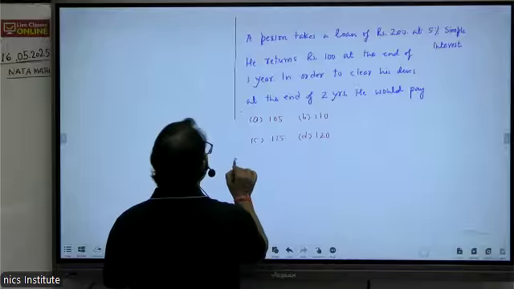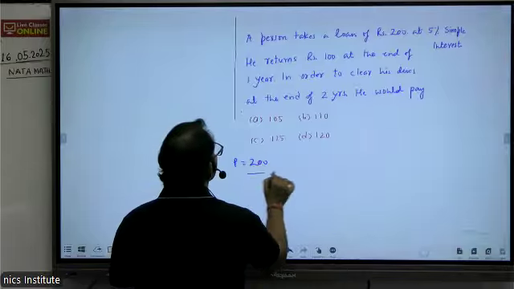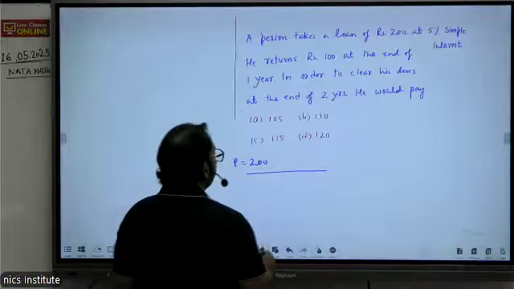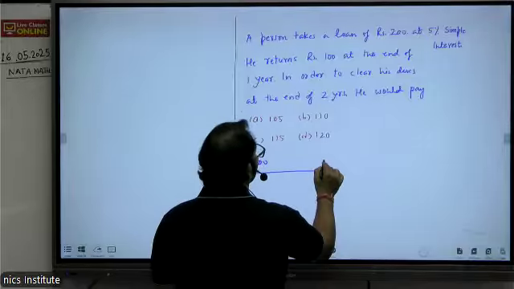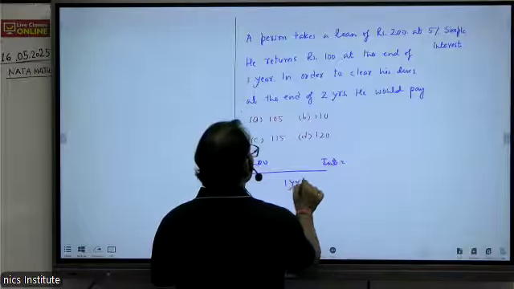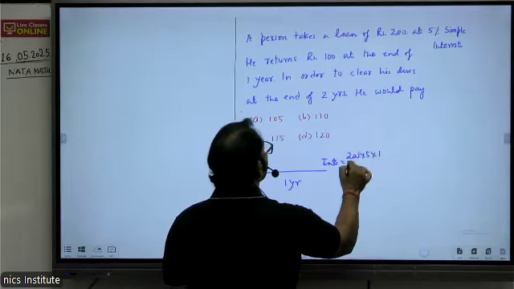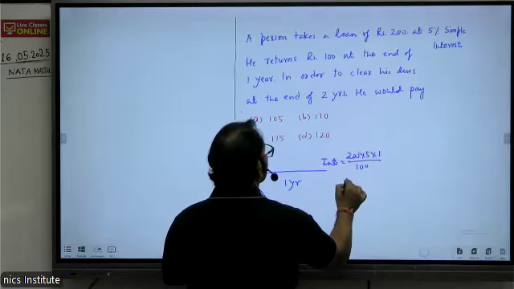P is 200. After 1 year, what will be the interest? After 1 year, interest will be PRT divided by 100. That is 10 rupees.